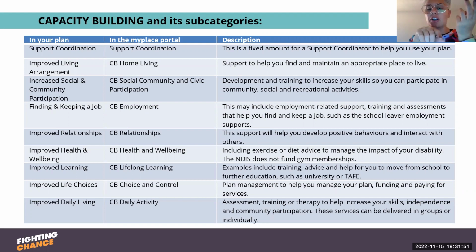So not treatment, but it's more that capacity building therapy to help to increase skills, independence, and community participation. And it can be group or individual.